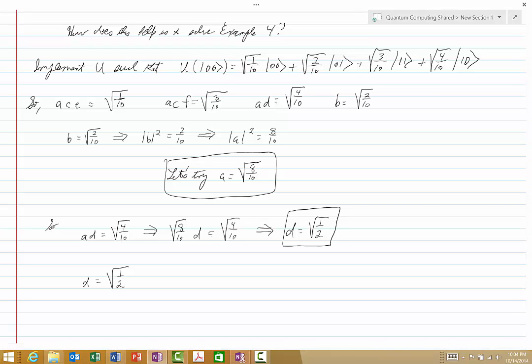D equals square root of 1/2 would imply that the magnitude of D squared is equal to 1/2.